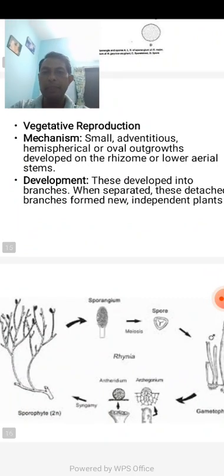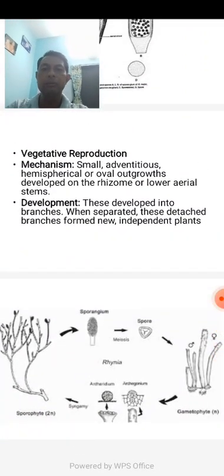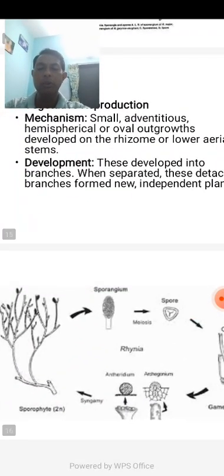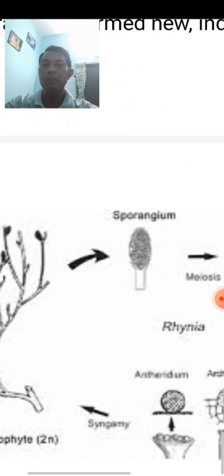Now here you can see the detailed reproduction shown in this diagram. The fully matured plant produces sporangia at the top of its bifurcated branches. The sporangia mature and produce spores by meiosis.